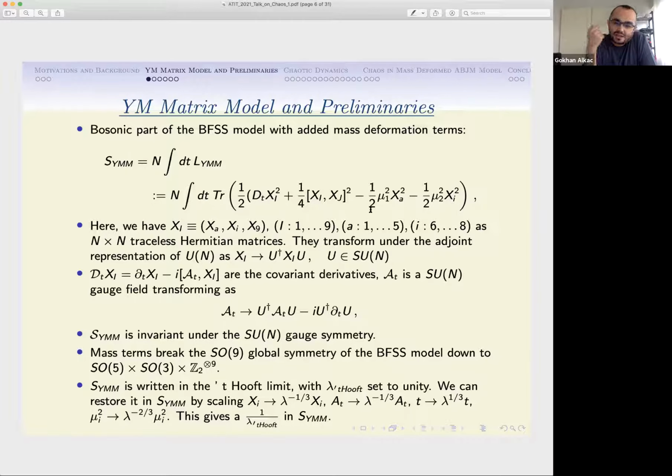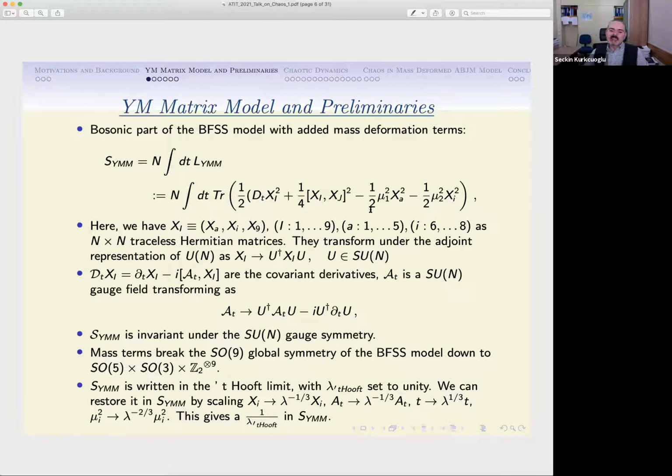So I was thinking the motivation for considering these mass terms is related to how we can deform that bound. But it seems I thought the motivation was to break the symmetry. Right.